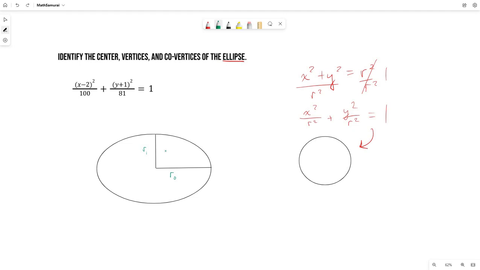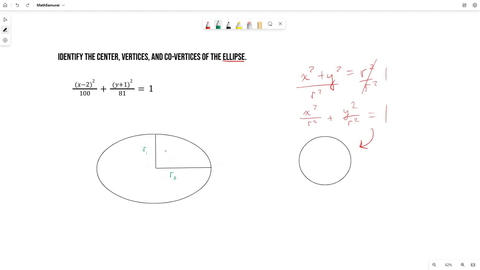Don't fall for my late night rantings, my terrible vocabulary at this time of night. An ellipse that looks like this, as opposed to an ellipse that's standing up and down. So the egg is lying on its side instead of sitting straight up. It's going to have a minimum value for the y and a maximum value for x.